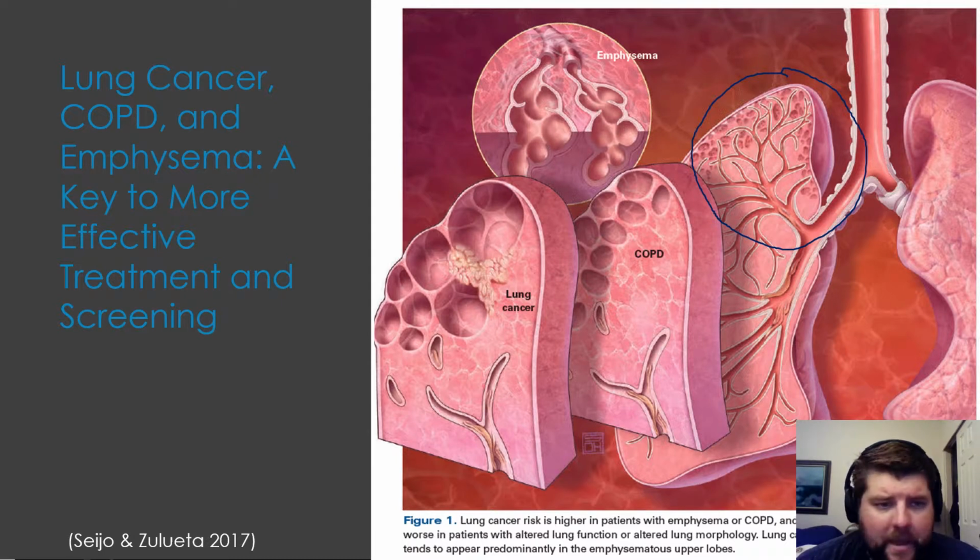The aim is finding effective treatments, but mainly trying to find new ways to catch the cancer before it's developed too much. Because as you can see, once lung cancer starts, it can just take over and it really affects the pulmonary output of the lungs.